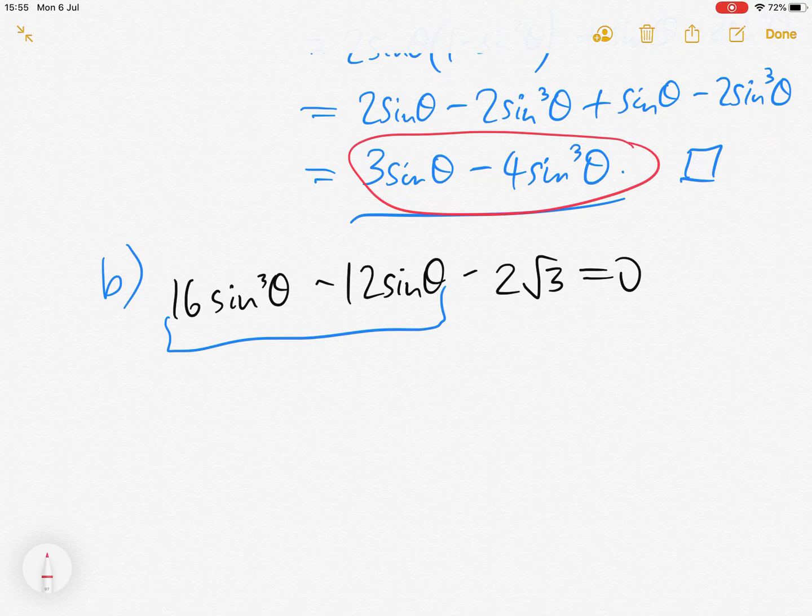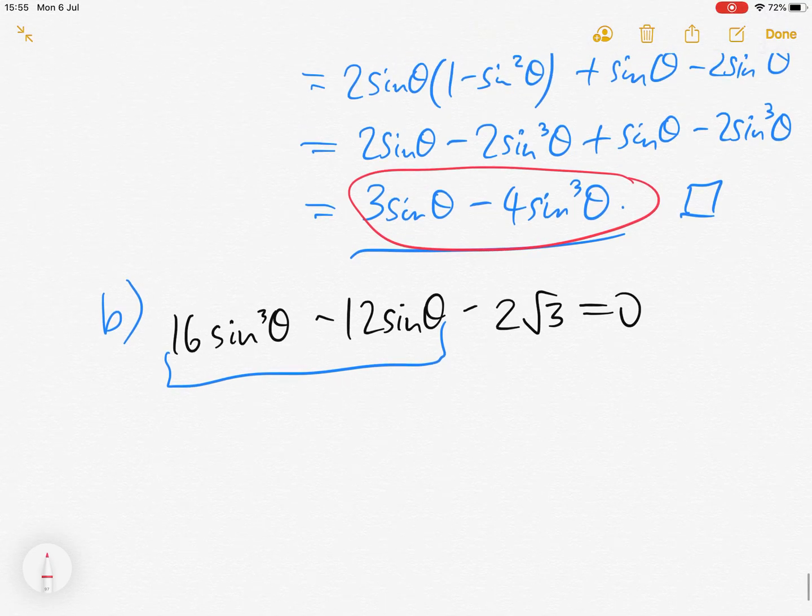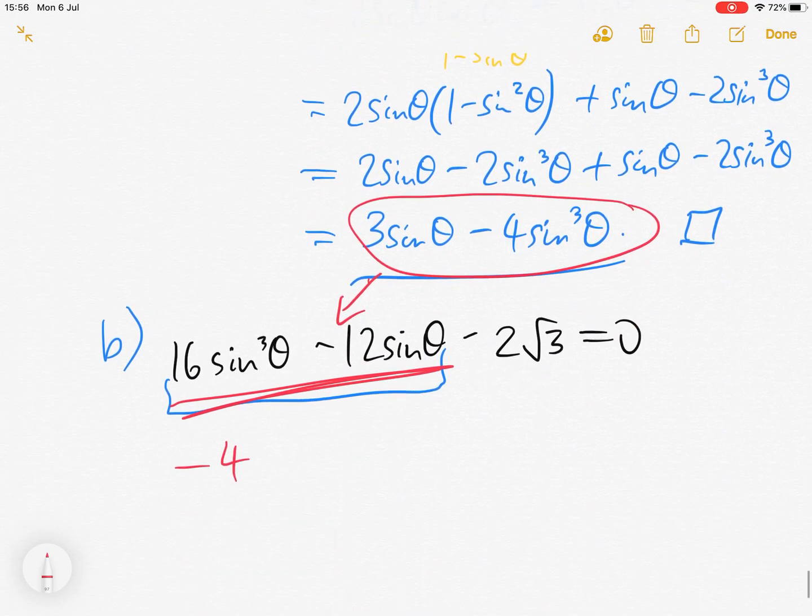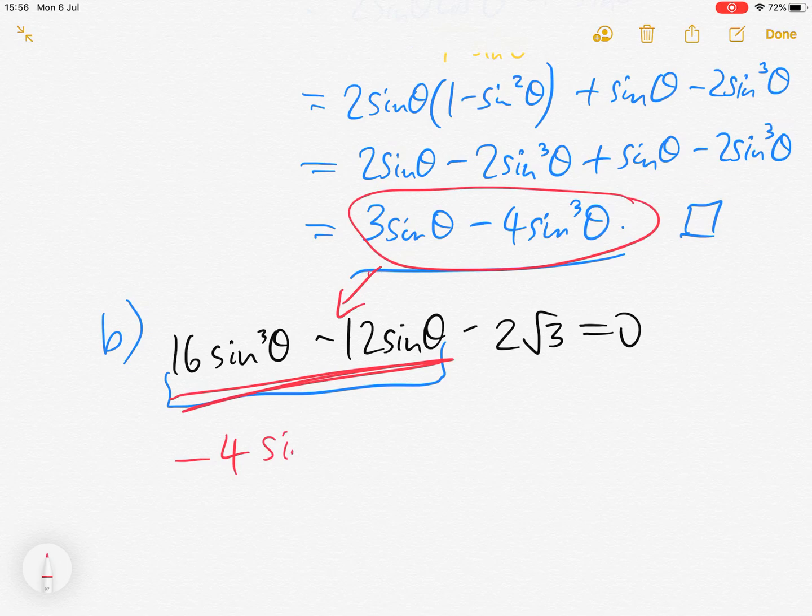So notice if we multiply the thing I've just circled in red by minus 4, we would get this thing here that I've underlined. So this thing we can replace with minus 4, and this was equal to sine 3 theta. So this is minus 4 sine 3 theta minus 2 root 3 equals 0.